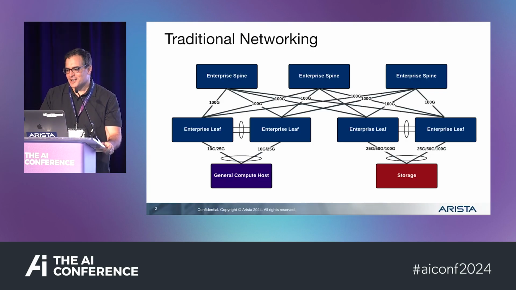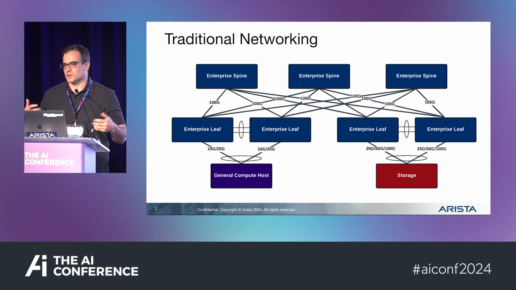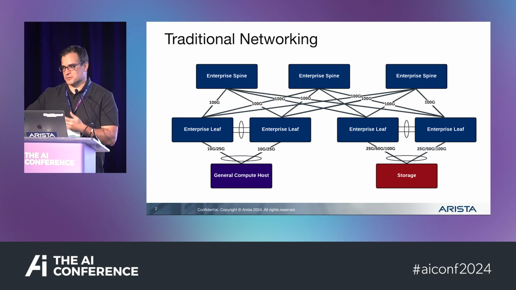So in the networking space, we build leaf-spine networks, right? Your computers, your servers, they attach to what we call the leafs, and then those leafs attach to spines, and to get between leafs, you bounce off the spine, you come back down, you hit another leaf, and that's how servers talk to each other.